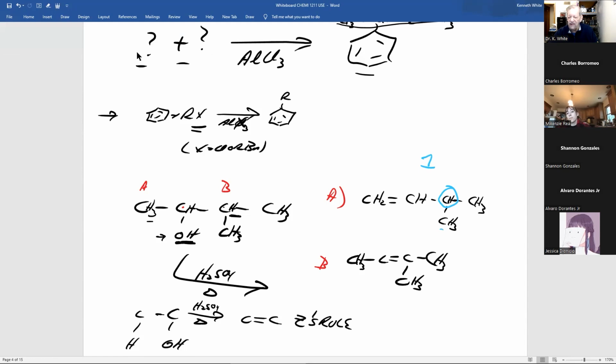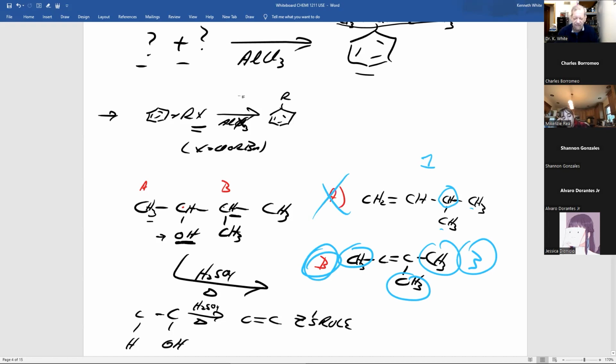You don't count these because they're not directly bonded to the carbon double bond. This one has 1, 2, 3. Now, hard math time again. Which is the larger number? Hopefully I'll pick B. 3 is the larger number, and this is the product you get. And that's how you do Zaitsev's rule.